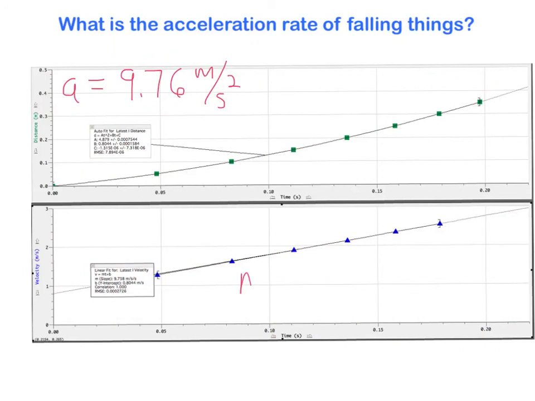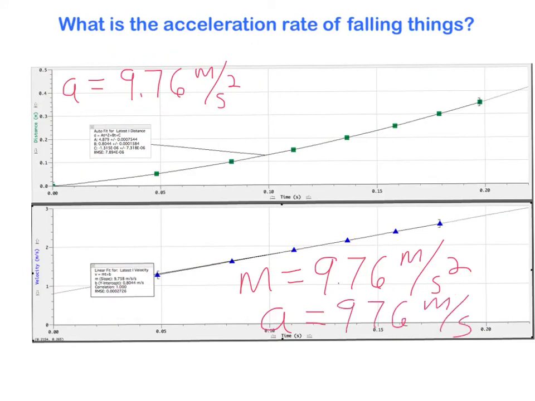So the slope here, it says, is 9.76 to 2 decimal points, meters per second squared. And so directly, since this is the rate the velocity is changing, that must mean this is also the acceleration. So my distance time graph gave that as the acceleration of this object, and my velocity time graph actually totally agreed with it and gave me the same number.